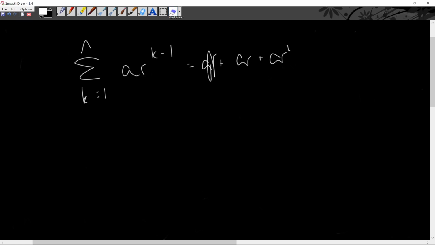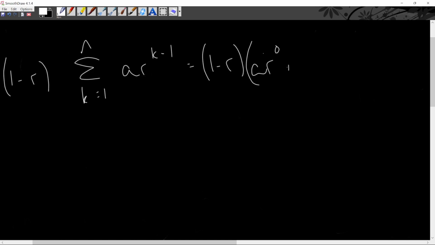And if we multiply everything by 1 minus r, we're going to have 1 minus r times ar to the 0 plus ar to the 1 plus ar squared, ar cubed, and then on and on. I know I'm not writing these very well.